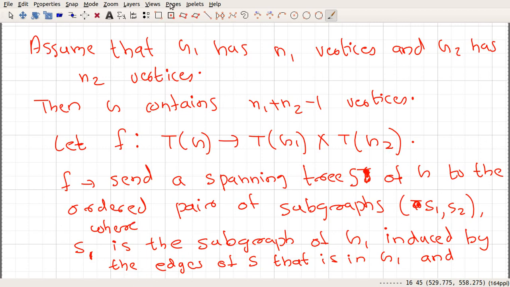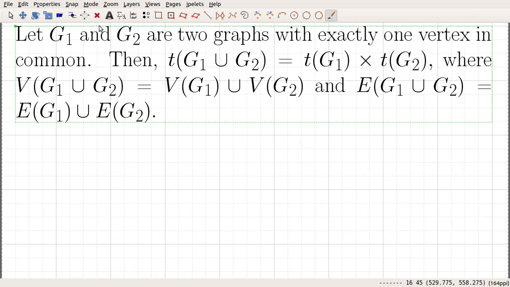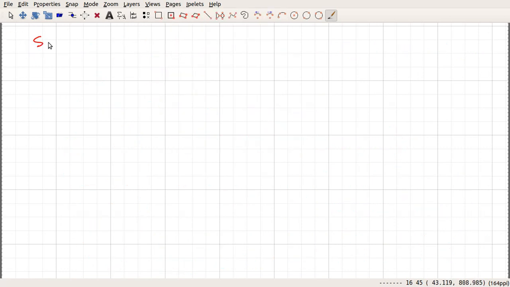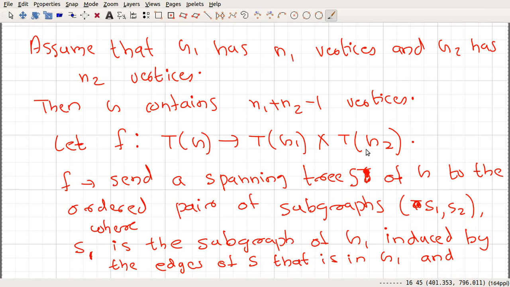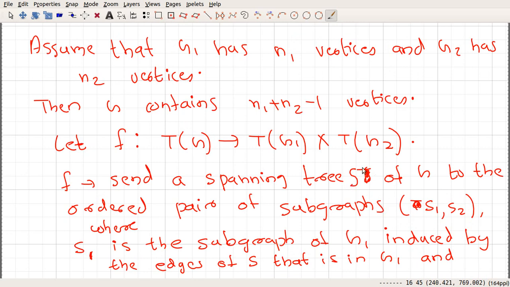So let me write down S2. S2 is the subgraph of G2 induced by the edges of S. Remember S is this spanning tree.